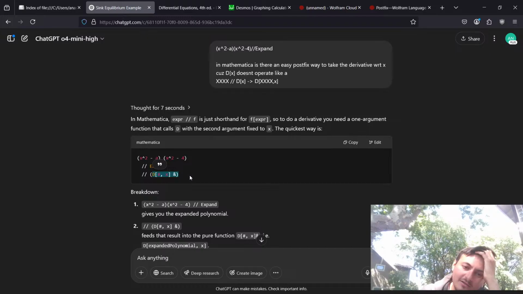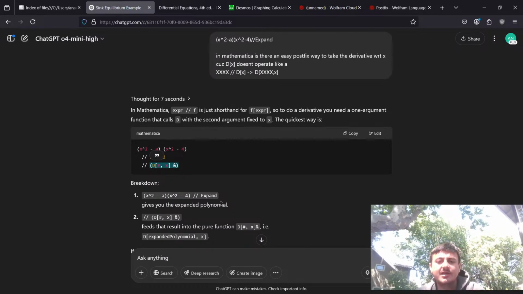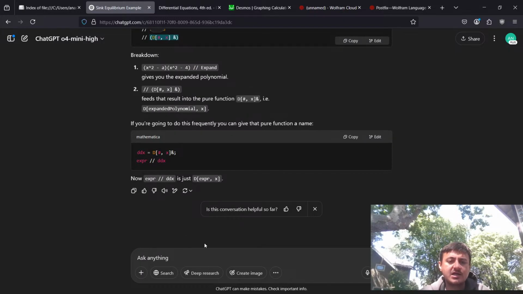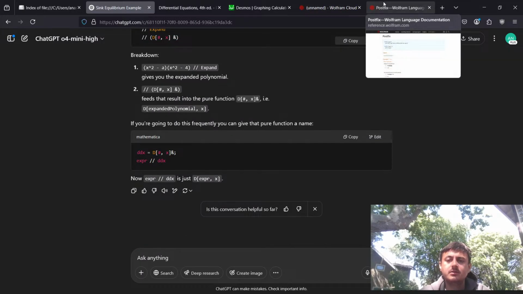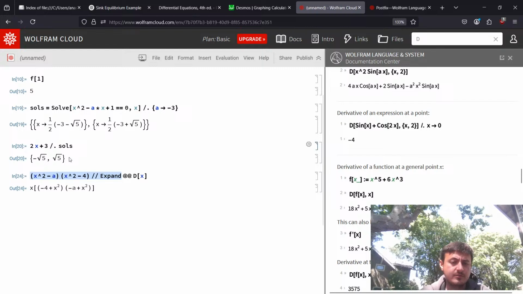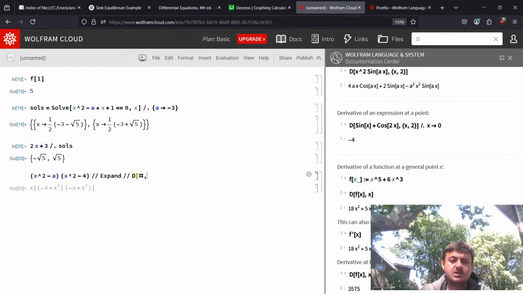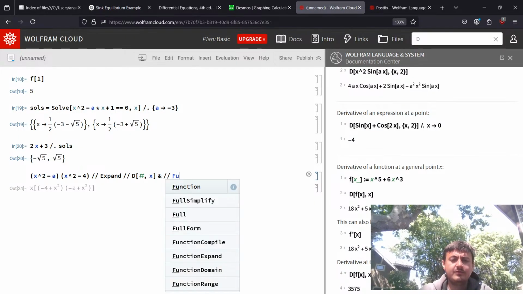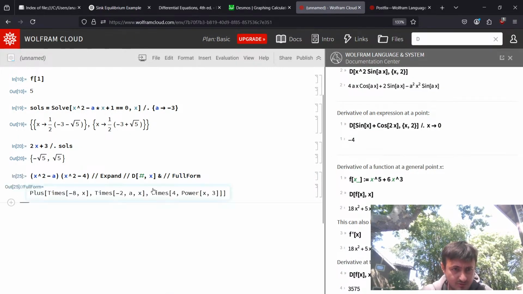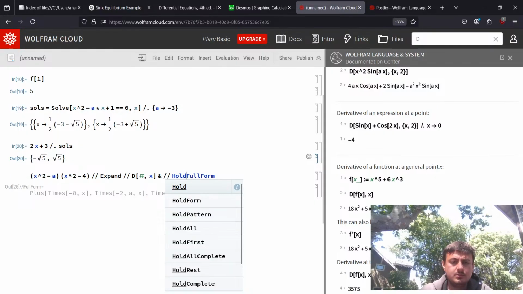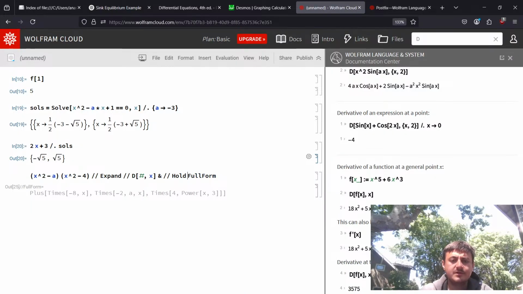Oh yeah. Those are always so crazy to me. The hash, and what's the full form of that? Because you do d hash x and I want to do a full form of that. I probably need to hold it. And then how do I compose functions?